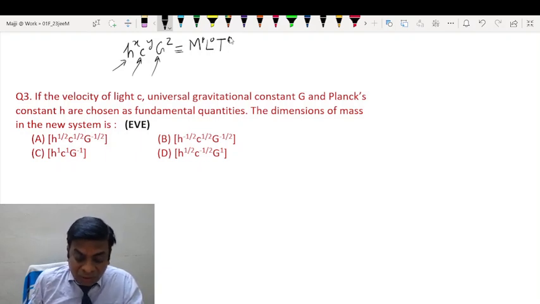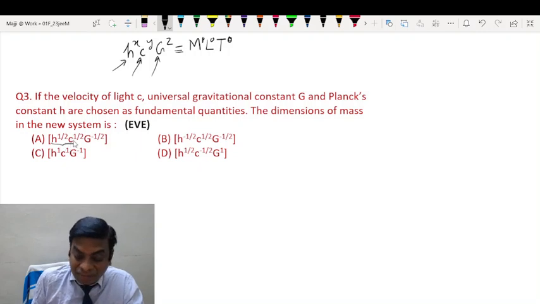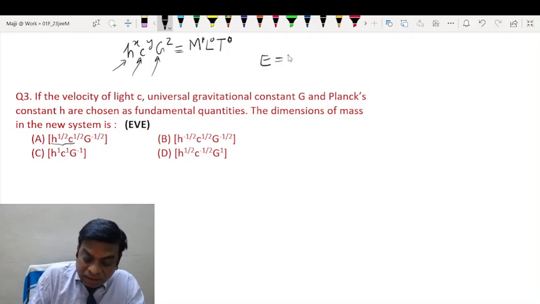So in this particular case, we have a small trick. I am not saying that this trick can be applied universally in all questions, but certainly in these kinds of questions it can be used. Here we usually come across Hc. The formula for the energy of an electromagnetic wave is Hc by lambda. So basically Hc can be written as E into lambda.